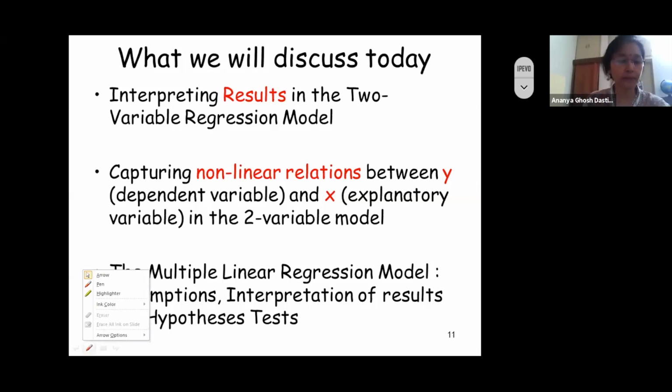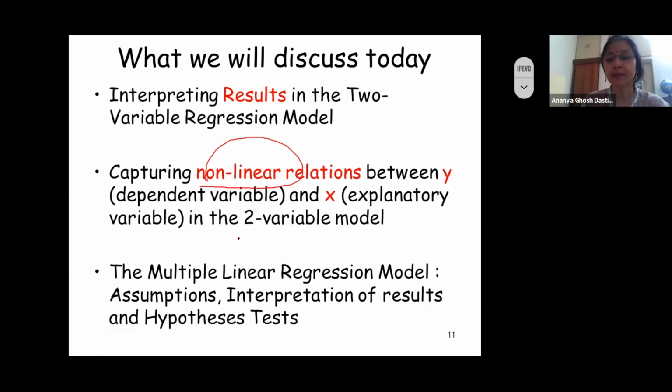So we talk about some models that can capture nonlinearities, staying with one explanatory variable. Okay, and then we'll proceed to talk about the multiple linear regression model in terms of its assumptions, interpretation of results, and hypothesis tests. So that's the plan for the half day today till 1:30.